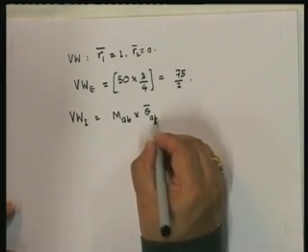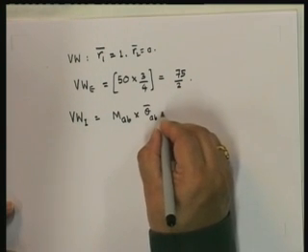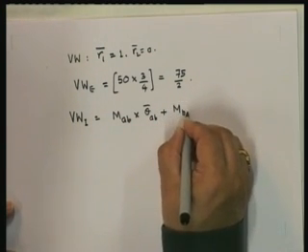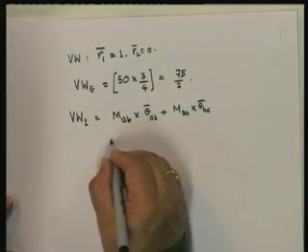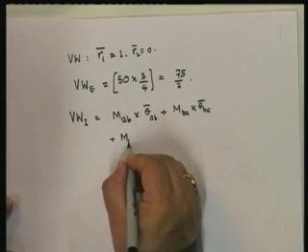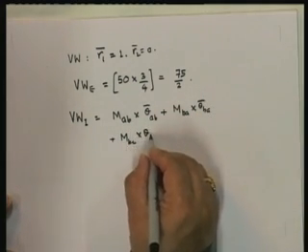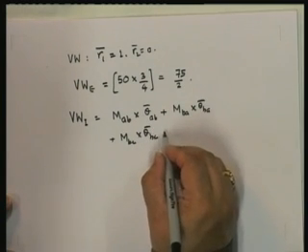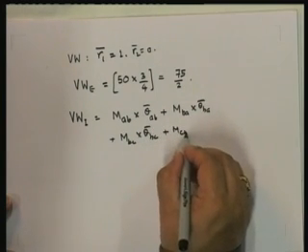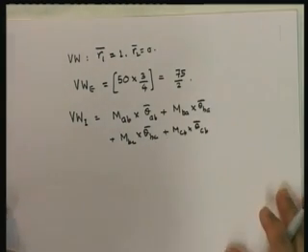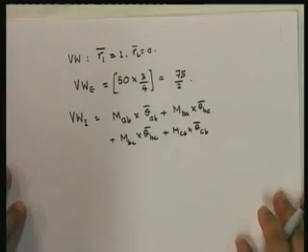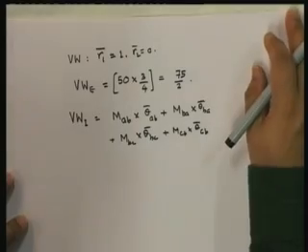It's going to be theta AB, plus MBA multiplied by theta BA, plus MBC multiplied by theta BC, plus MCB undergoing theta CB. So these are all the moments, and they also take care of the work done by the shears.